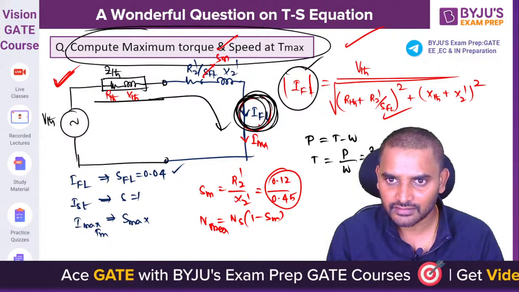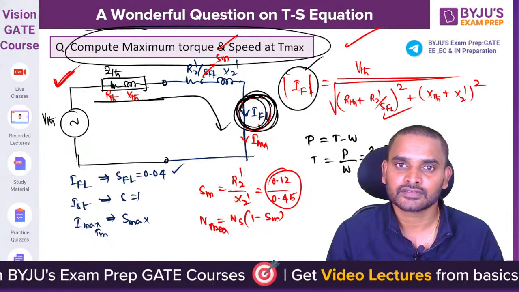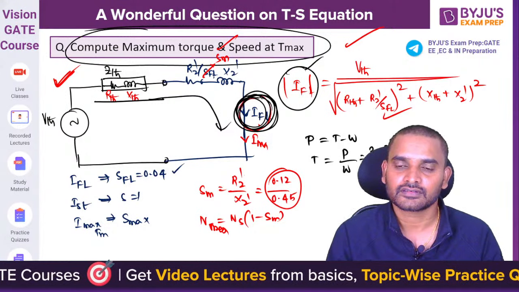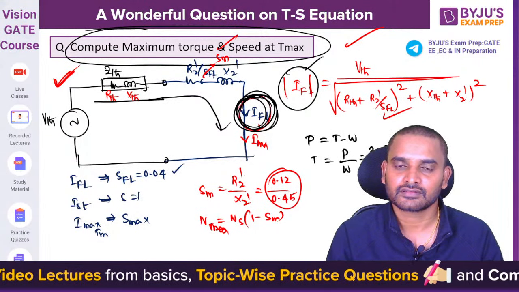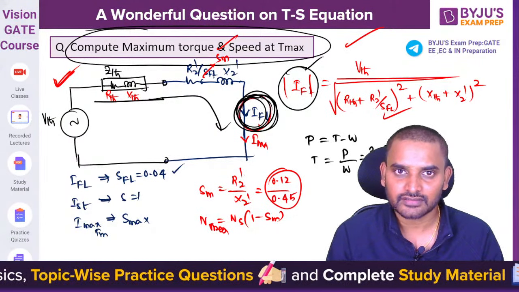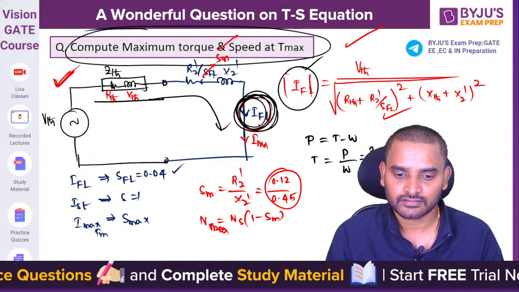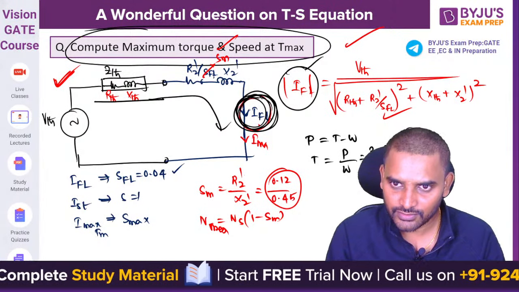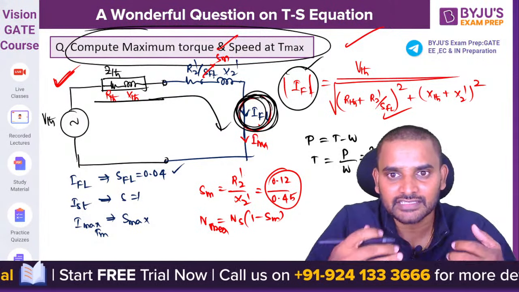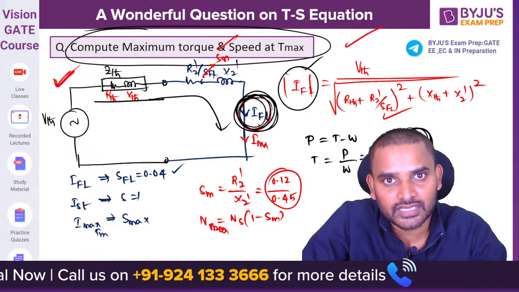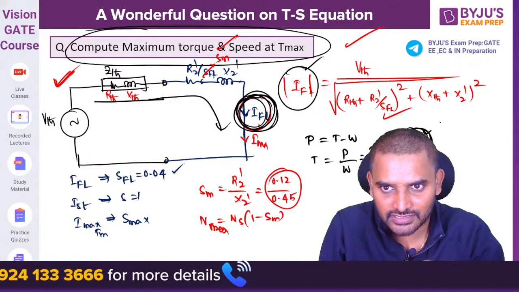Okay, here you are saying R2 dash by S. If you include the R2 dash by S term, then I will get the torque developed in the rotor only, because you need to consider the rotor parameters only.